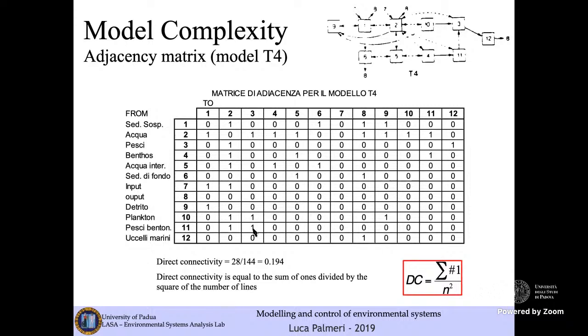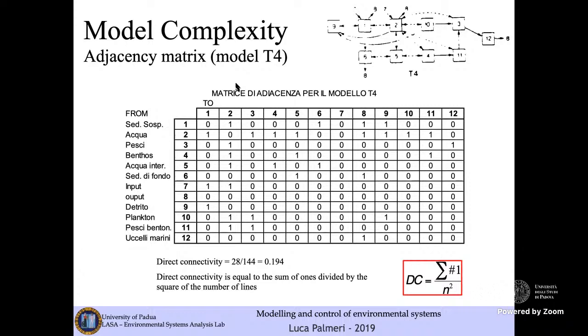So there is an interaction that goes from 11 to 3, but there is also an interaction that goes from 3 to 12. In this case, 3 to 12, we have a 1 here. So this kind of representation is the first way of representing the topological condition of a model in terms of who is interacting with whom.